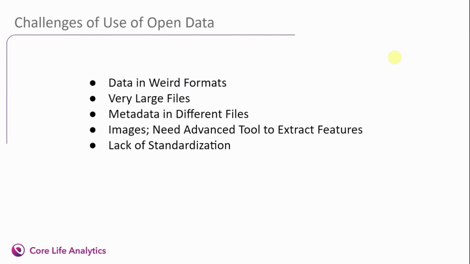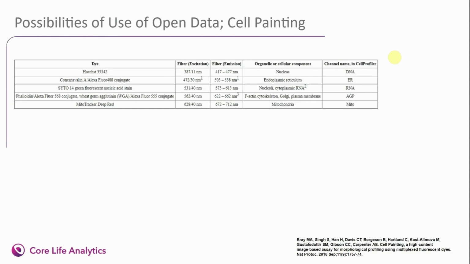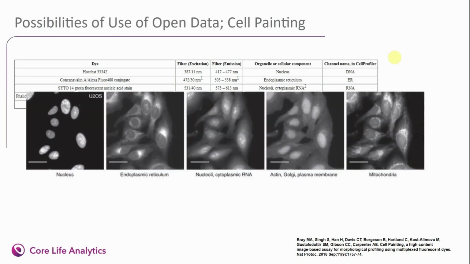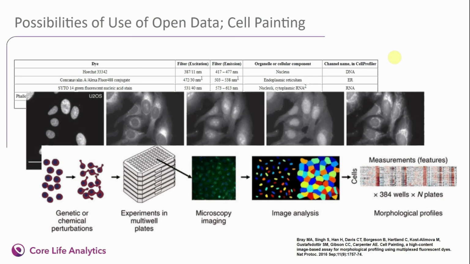Well, there is a platform that might make that possible, and that's called cell painting. Now, cell painting is a fairly straightforward protocol that uses 5 different dyes that label different parts of the cell, 8 different cellular compartments. And what this generates is a very rich, high content assay that can be used to profile genetic reagents or various different chemicals.